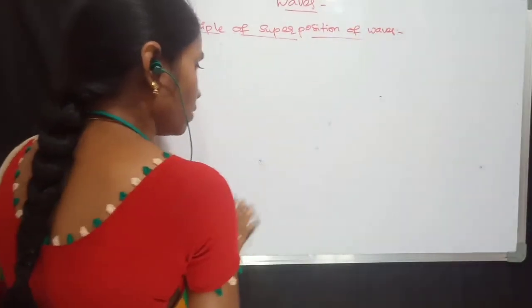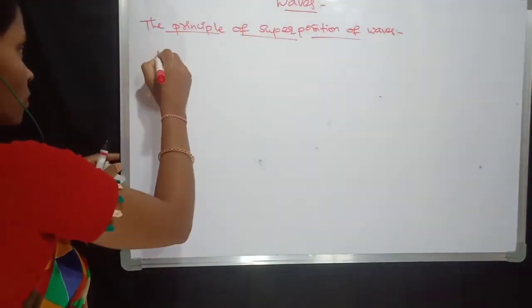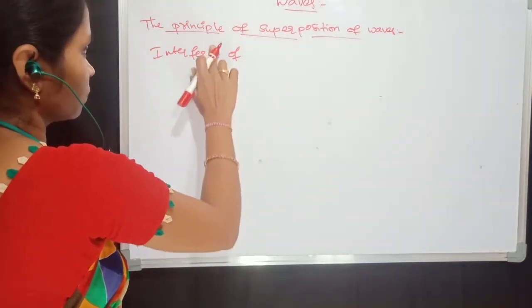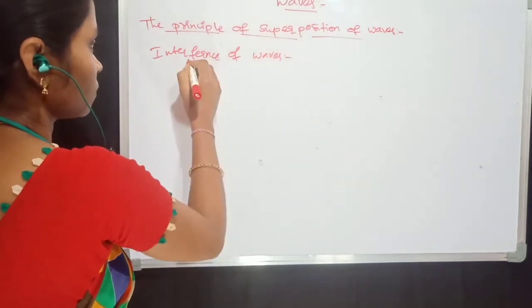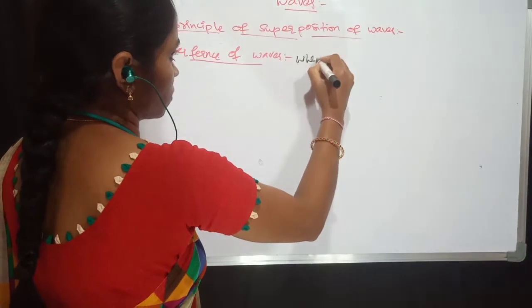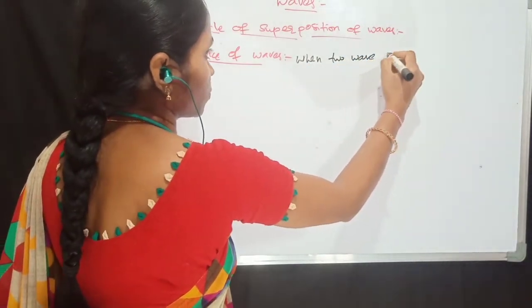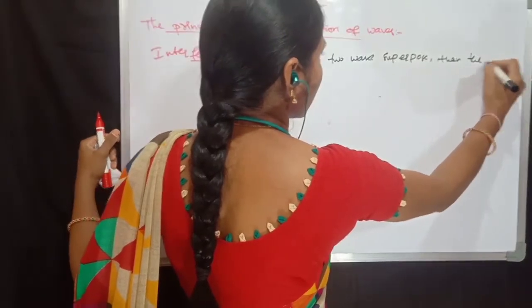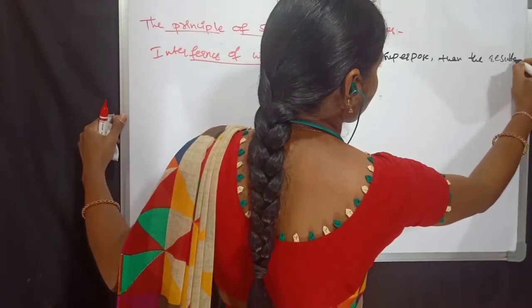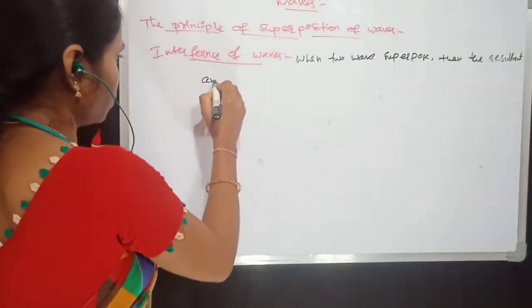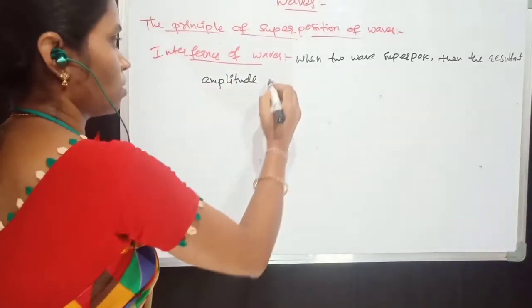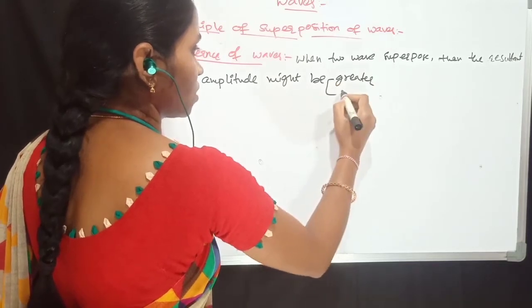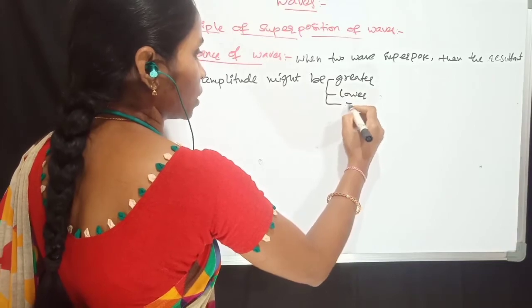Okay, in that, whenever two waves superimpose each other, then the resultant amplitude might be greater or lower or also equal to 0.